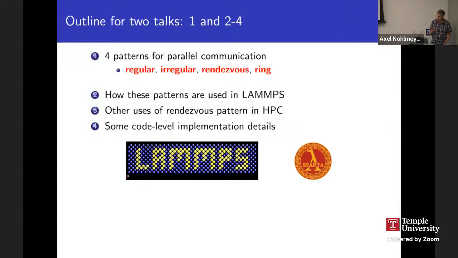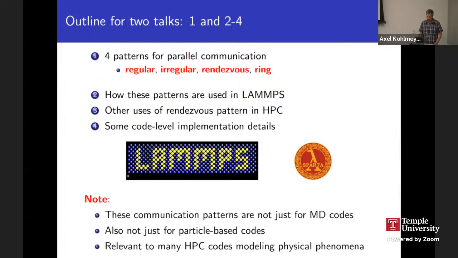And then finally, I'll give you some code level implementation details if you want to dive into the LAMMPS source code a little, or maybe you want to do some development yourself in LAMMPS, and being able to see how some of those methods work could be useful. I'll primarily talk about LAMMPS when I'm talking about specific codes, but I'm also going to talk about another particle-based code called Sparta. When we get to that point in the second talk, I'll tell you a little bit about the methods that code uses.